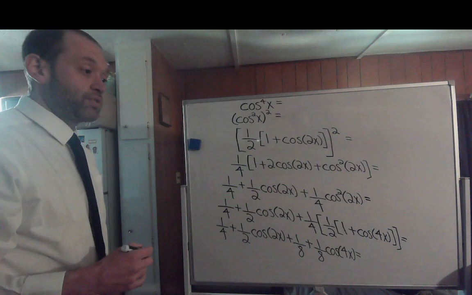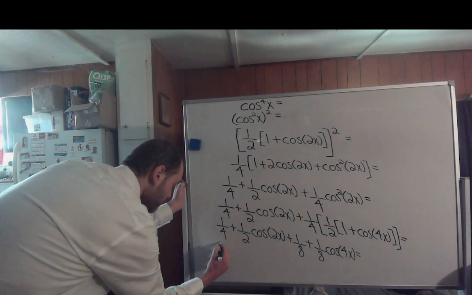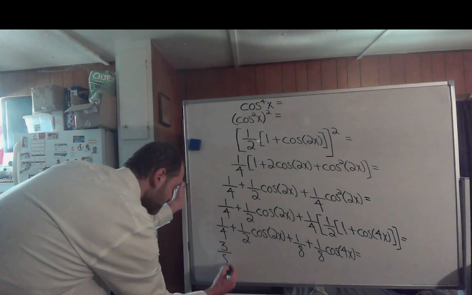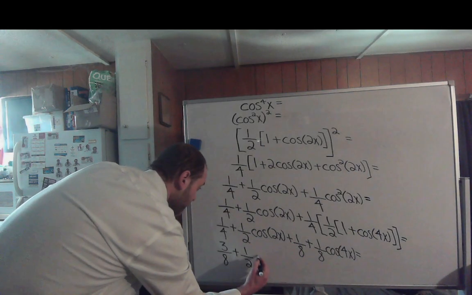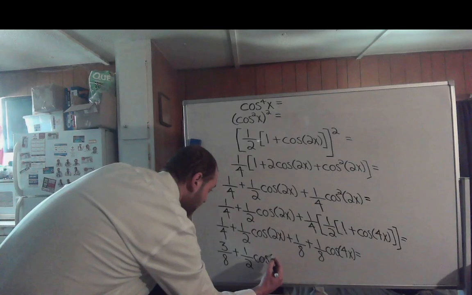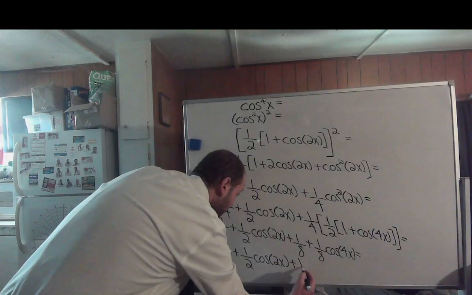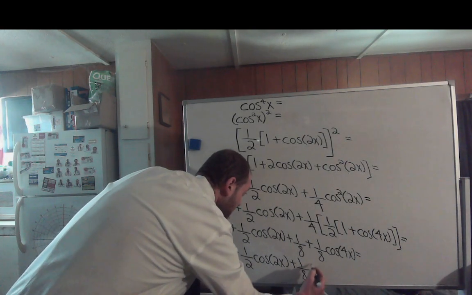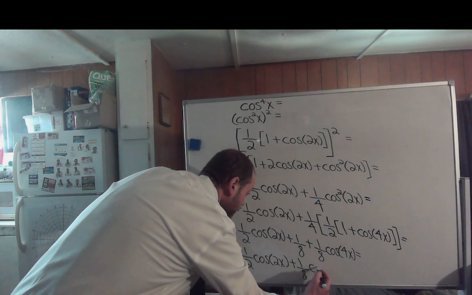You'll end up getting 3/8. So your final answer should end up being 3/8 plus half of the cosine of 2x plus 1/8 of the cosine of 4x.